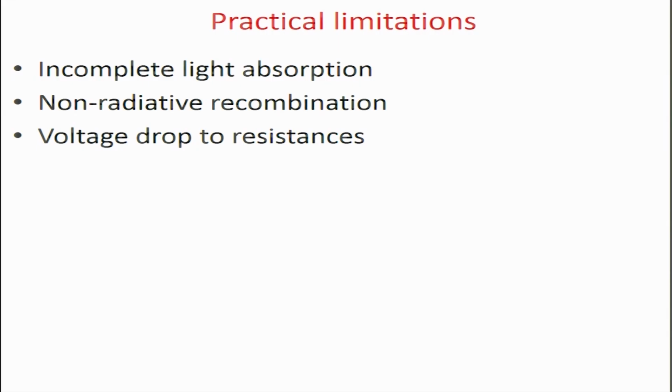You have shunt resistance, you have series resistance, which lead to voltage drop in the devices, and that is what causes lower efficiency of the devices. All of these lead to lowering of efficiency of devices.